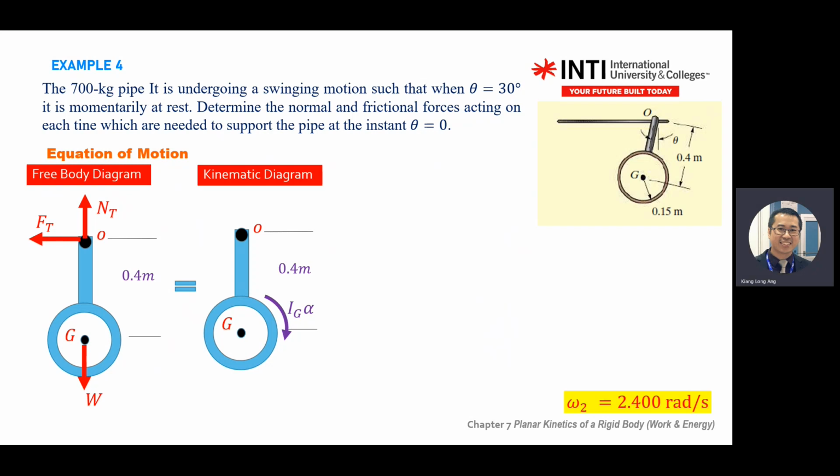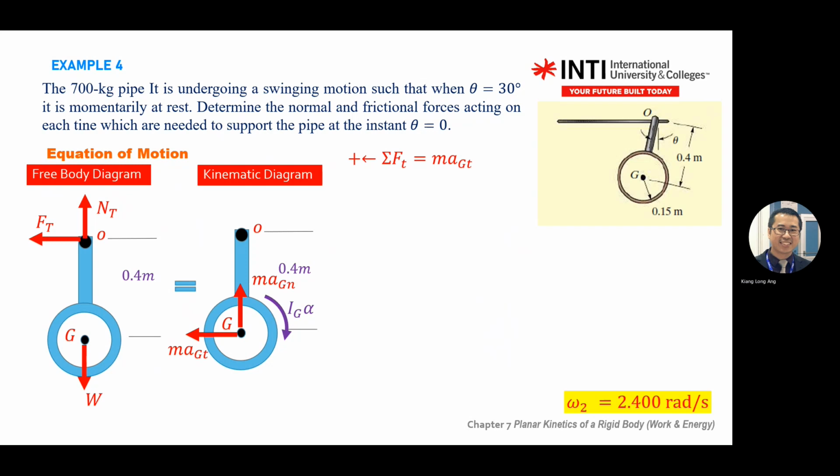Okay, yes, Ig alpha for rotation, MA going up, right? Then you have tangent also. This is a circular motion. We swing in a circular motion. All right, so you have normal and tangent direction. You need to link AN and AT with the alpha and omega.